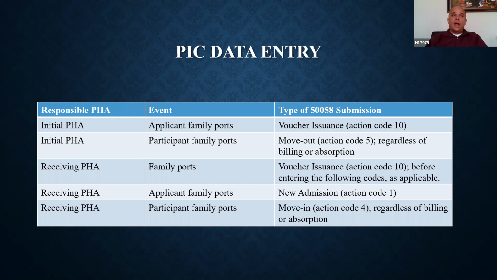That family has the right to port right off the bat, okay? That family would not have already received assistance. So the initial PHA will issue a voucher issuance code, but the receiving PHA in that case will have to do a new admission. There won't be a portability move out for them to do a subsequent portability move in.